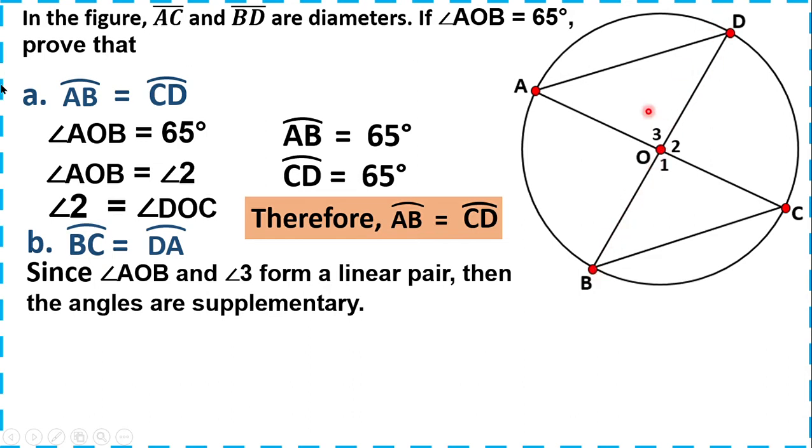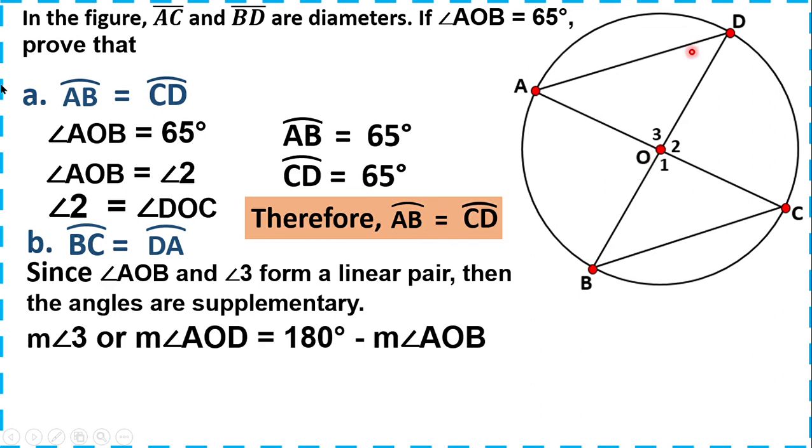If angle AOB is 65 degrees, what is the measure of angle AOD? We subtract the measure of angle AOB from 180 degrees. So, the measure of angle 3, or angle AOD, is 180 degrees minus the measure of angle AOB.